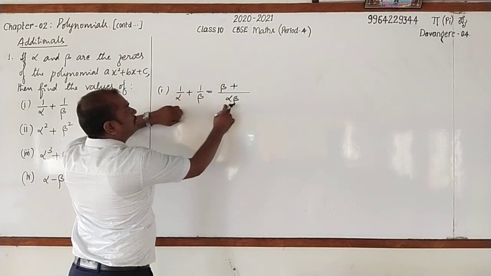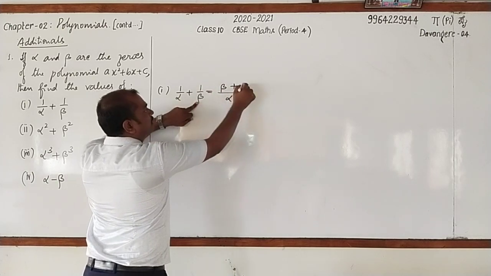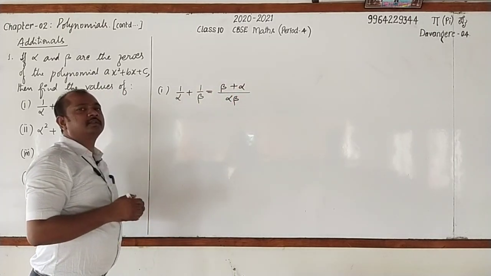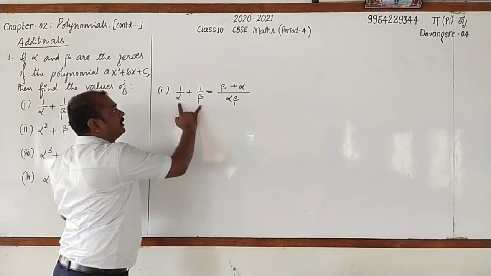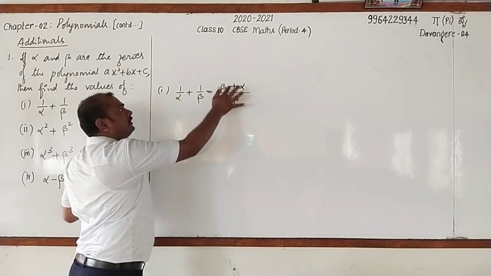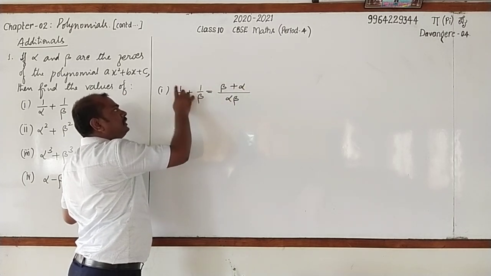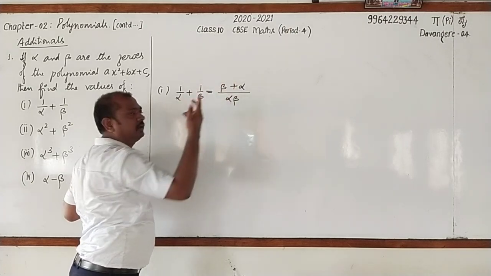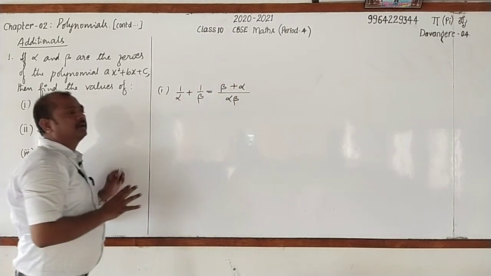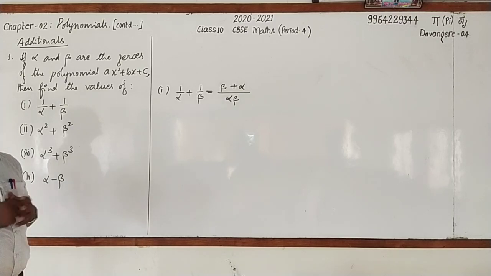Plus, multiply the LCM here, beta gets cancelled, alpha will remain, alpha into 1 is alpha. The very simple thing is, when two different terms are there, their product is the LCM. And to write the numerator terms, you can just do cross multiplication. Beta into 1, beta. Alpha into 1, alpha. It is nothing but alpha plus beta. Got it?